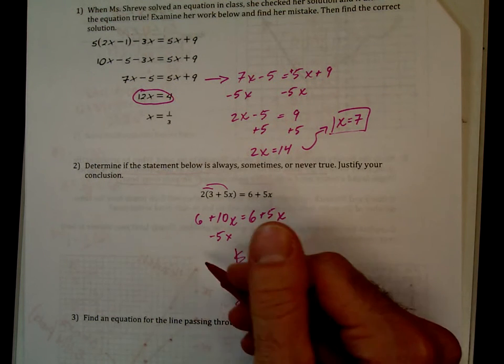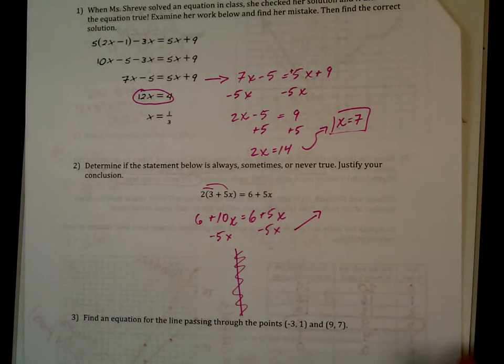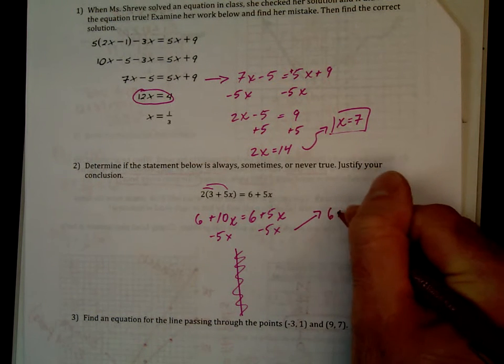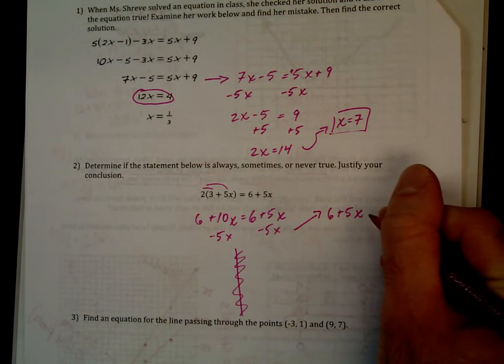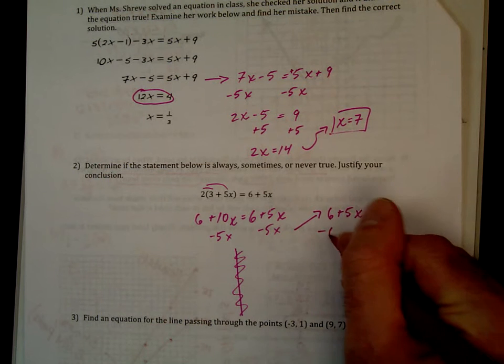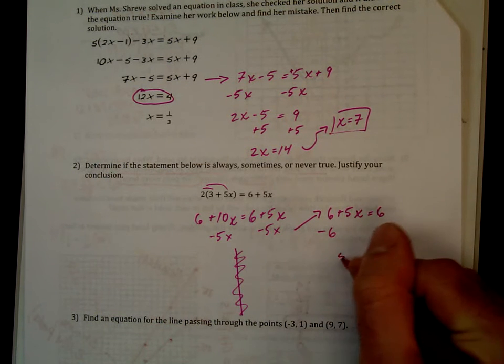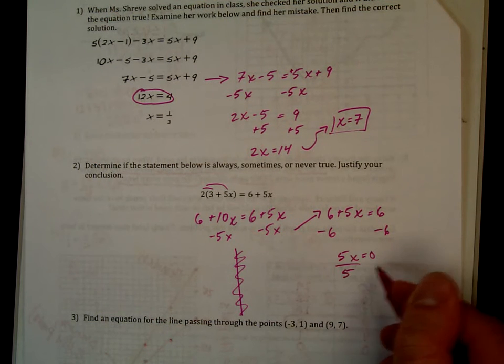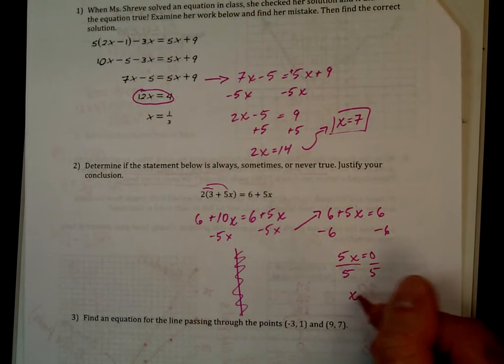We're going to end up with, here, I'll bring it over here, 6 plus 5x equals 6. Again, we're trying to get x by itself. Subtract 6 from both sides. 5x equals 0. So divide by 5, 0 divided by 5 is just 0.